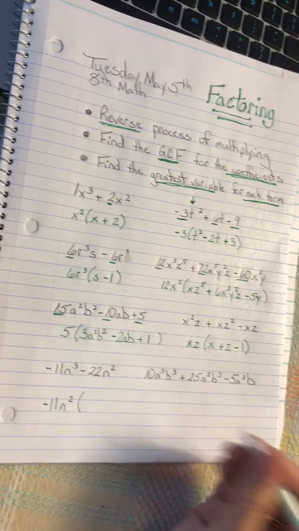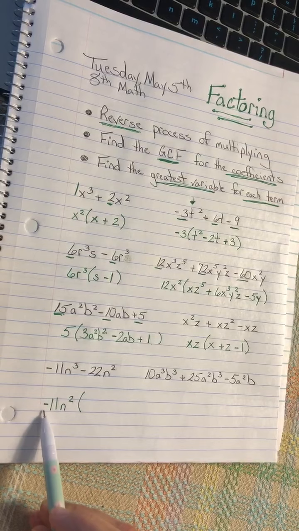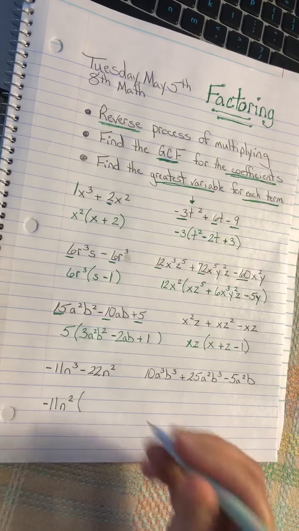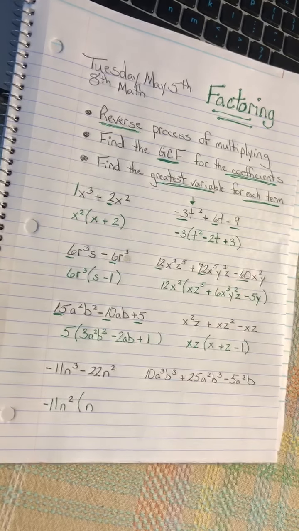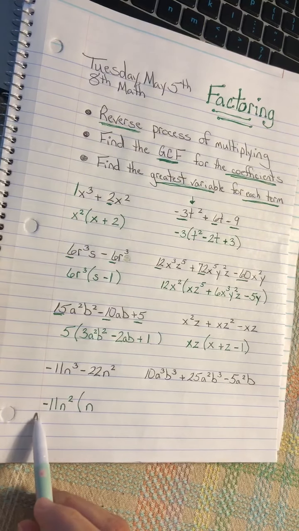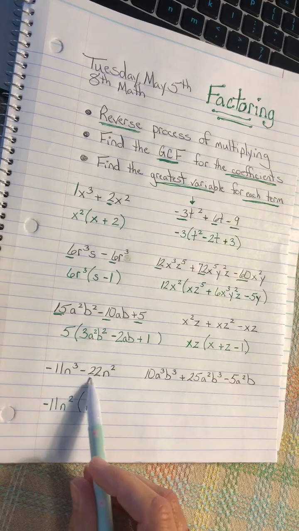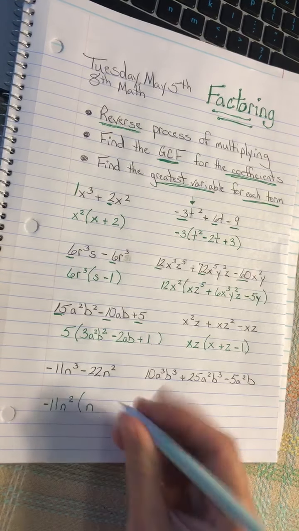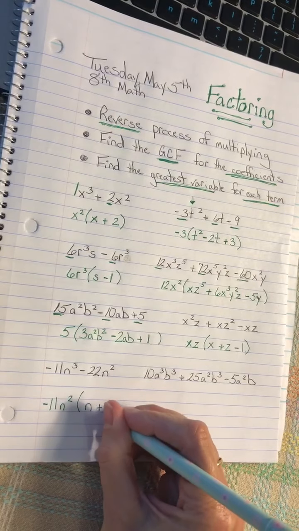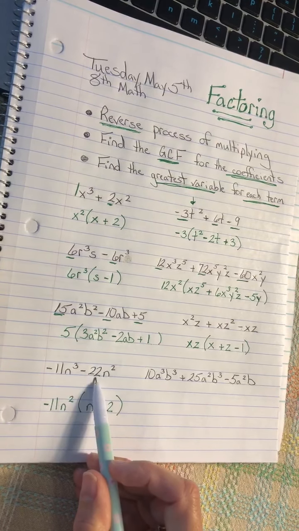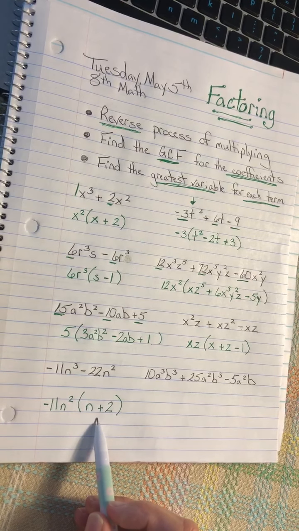Do your parentheses. Negative 11n squared times what gives us our first term? We need another n. Negative 11n squared times what gives us a negative 22n squared? If we put in a positive 2, that will give us negative 22n squared.